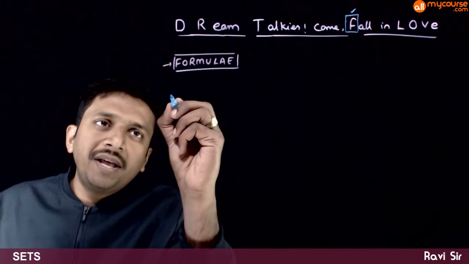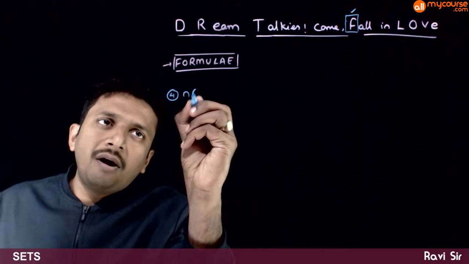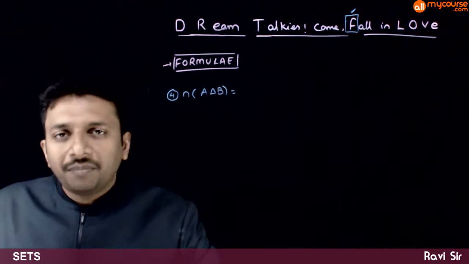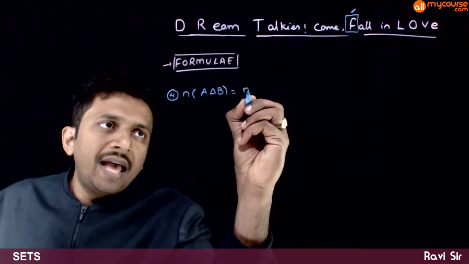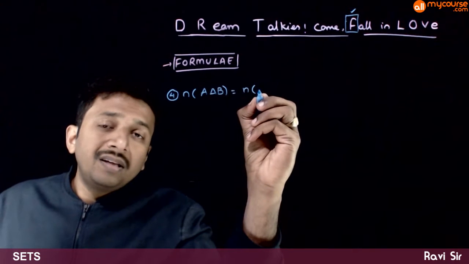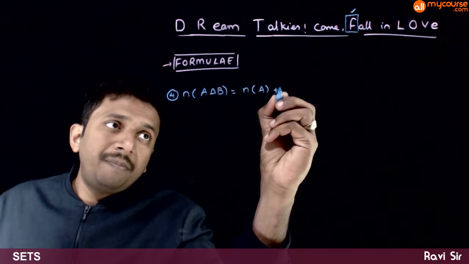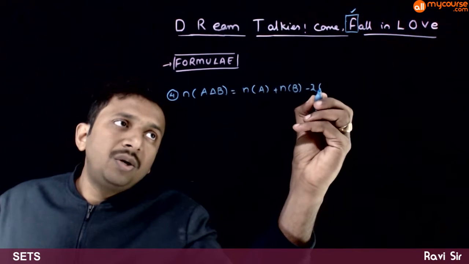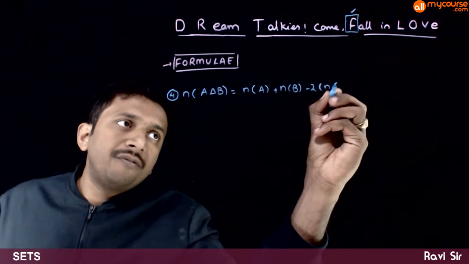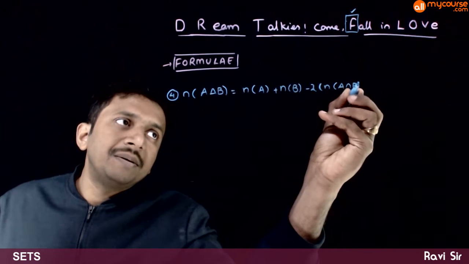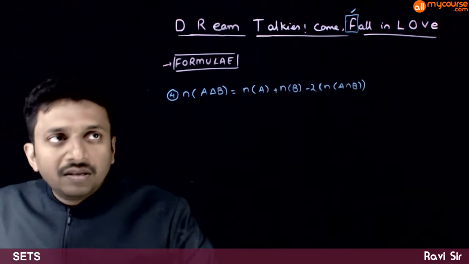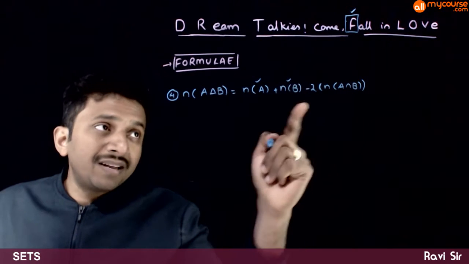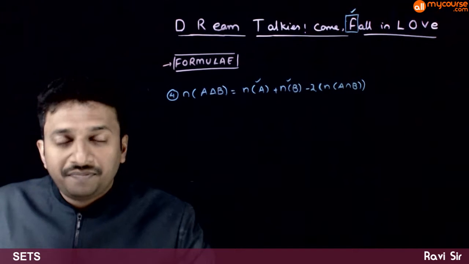So the next formula is n of A delta B, which is n of A plus n of B minus 2 times n of A intersection B.